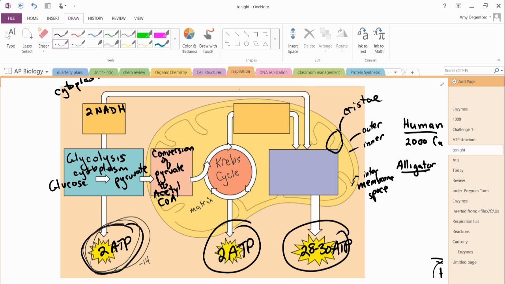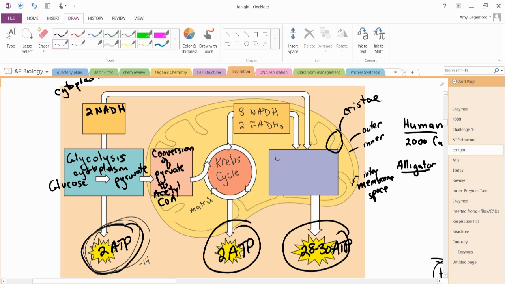But what we do in Krebs is we really set the stage. We're going to end up getting 8 NADH, give or take. And I'll talk about what that give or take means. 2 FADH2. And FADH2 is just another version of a dump truck. So it's catching hydrogens and electrons.